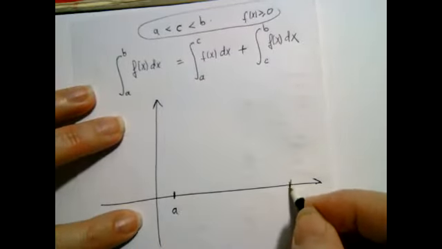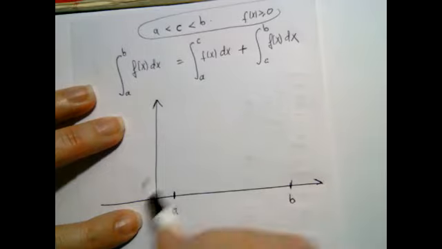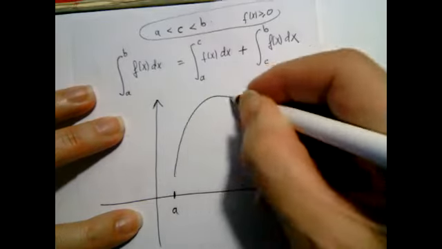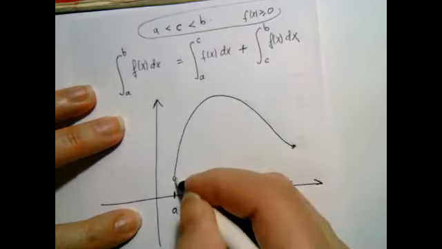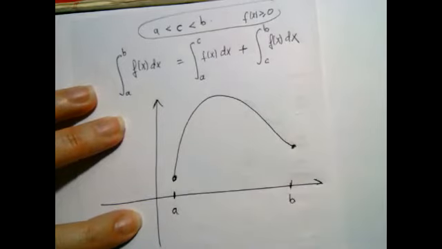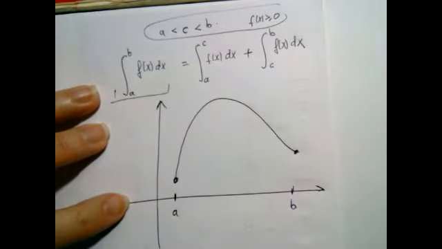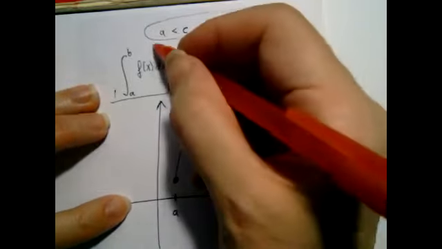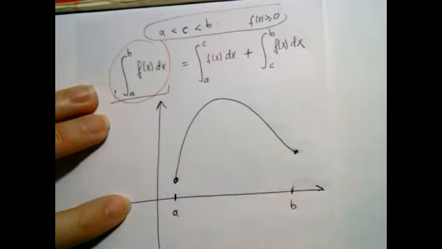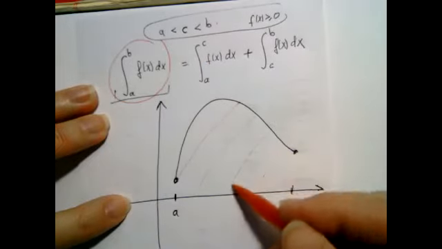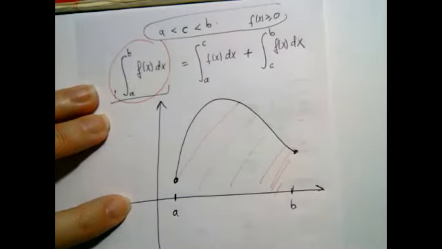So this is A and this is B, and that's my function. In this particular scenario, I took f positive. So what's this integral in this particular scenario? The integral from a to b represents the area from here to here. That's my graphical interpretation. Now c is somewhere in between.